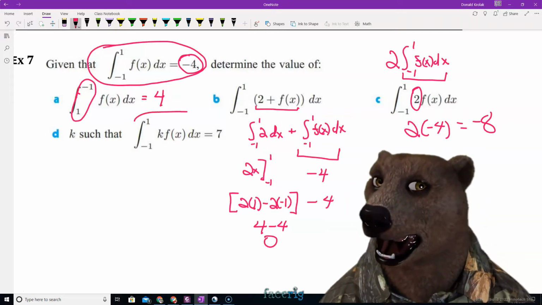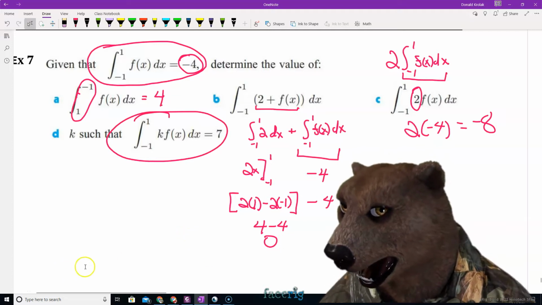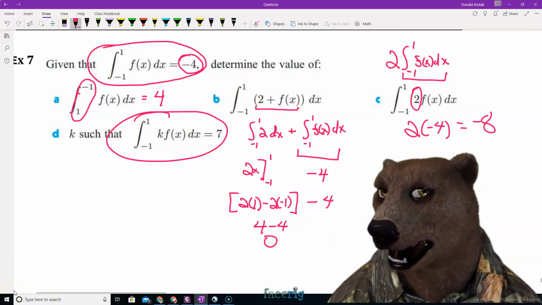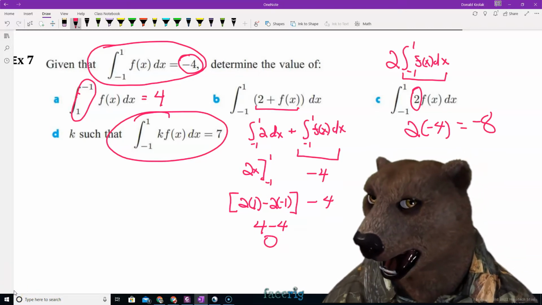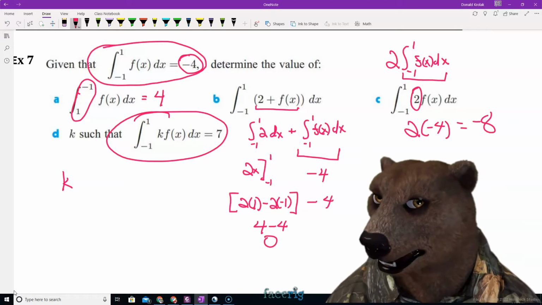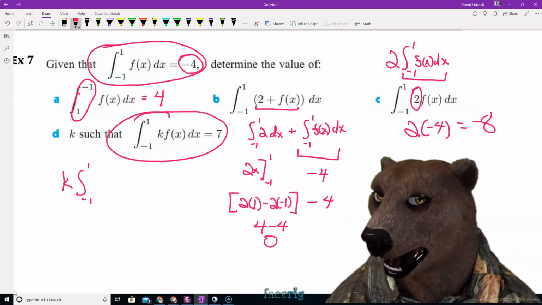Okay, so here you're given the value of the integral, k times the integral, and once you integrate that, you get 7. So we know from back in example C that we can pull that constant out.